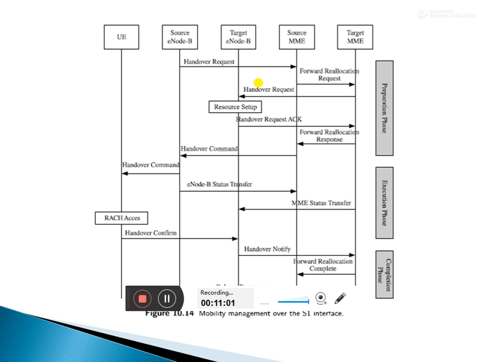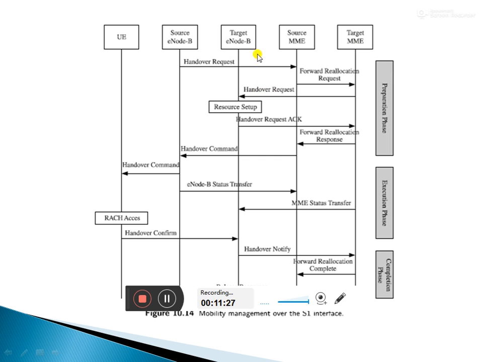After that, the target: the forward relocation request means you again have to send the information to the target mobility management. After checking this, the target MME sends it again to the target eNode B, so the handover request comes to it.